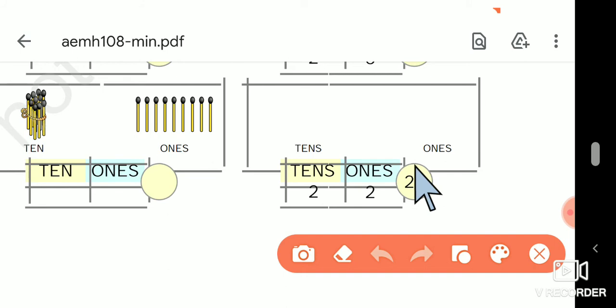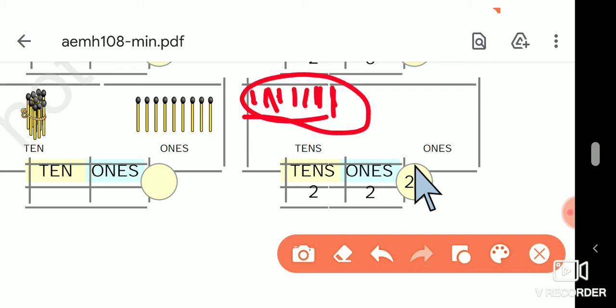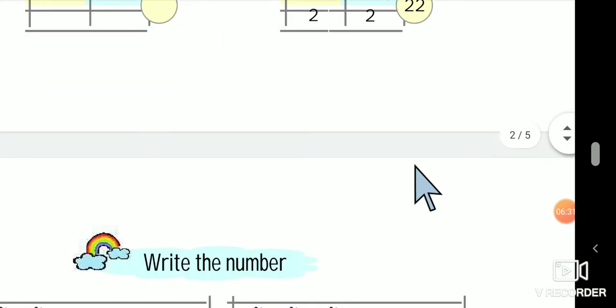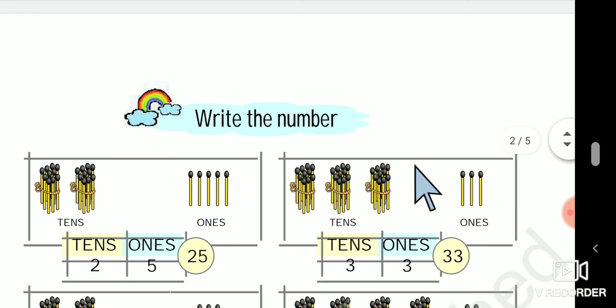So draw the two tens, two bundles. Two tens and two ones is equal to 22.